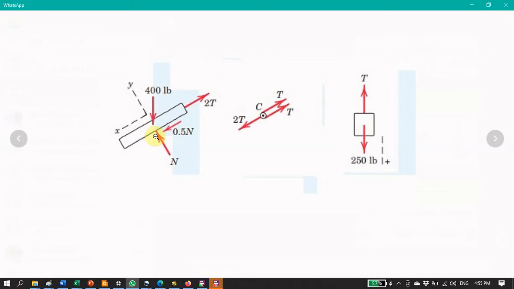For the log, we have the tension force, and it's balanced with the frictional force that opposes the direction of motion. We have the weight, always pointing downwards, and then we have the normal force.